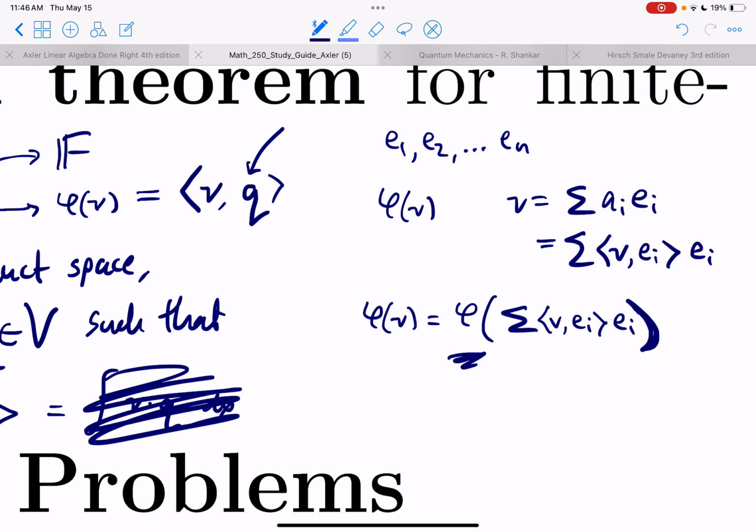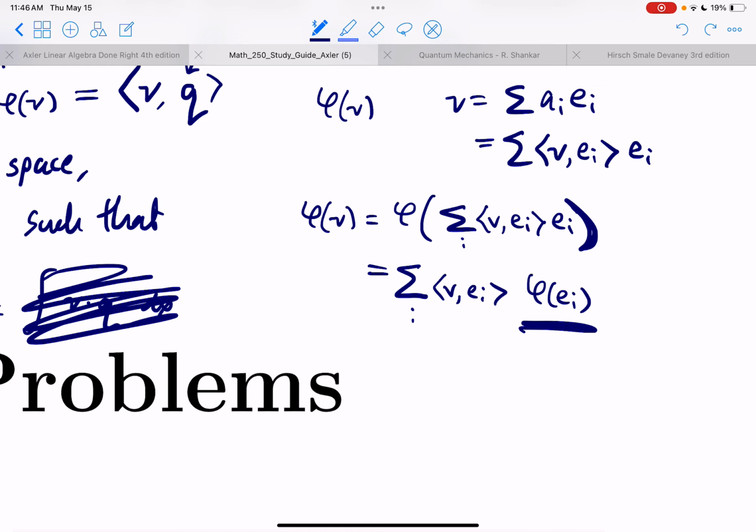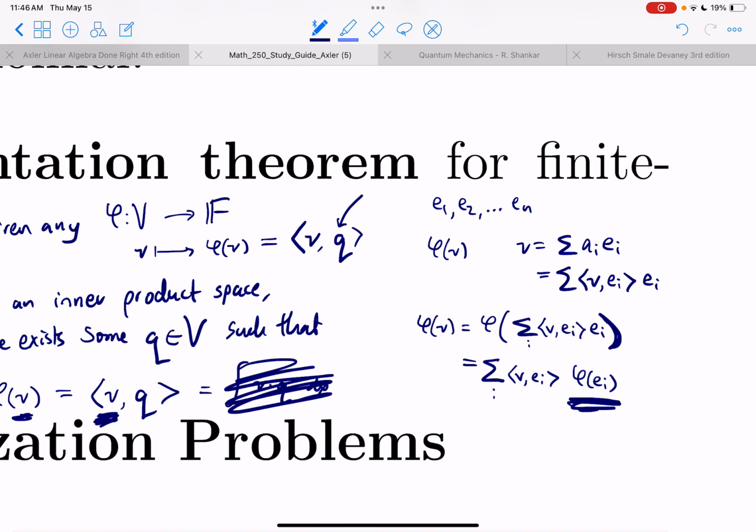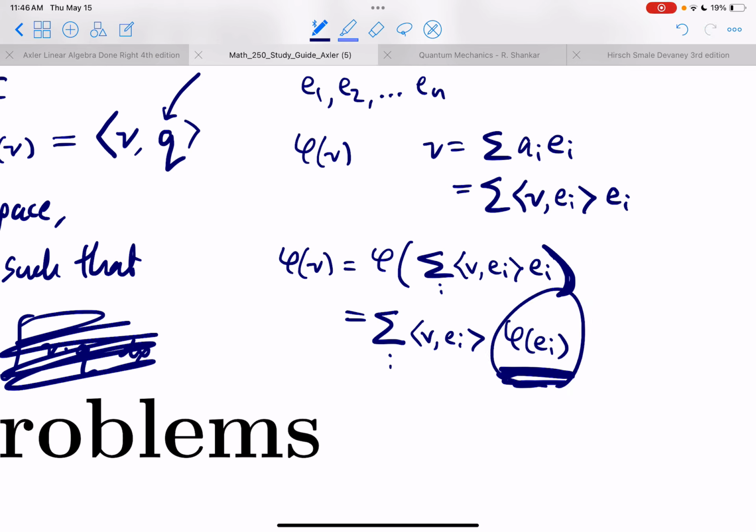But phi is a linear map, so I can do the sum over i of the inner product of v with e_i, times phi applied to e_i. Now phi of e_i is a number, because phi is a linear map that takes vectors to numbers. I can pull it inside here.